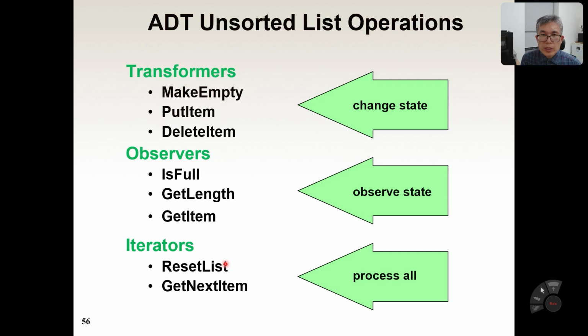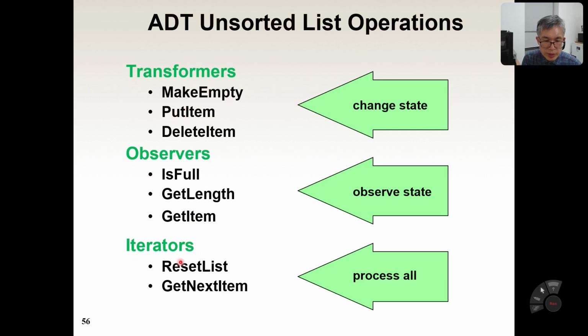So, the ADT unsorted list operations. We have three kinds of operations: transformers, observers, and iterators. A transformer changes the content of an item. An observer just observes the member variables in the class.